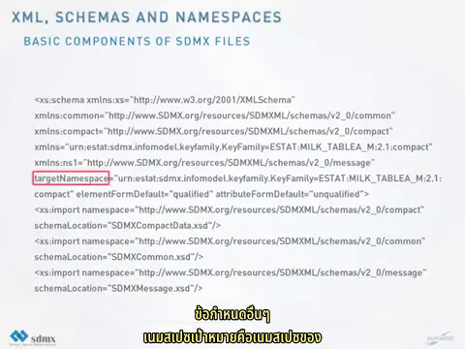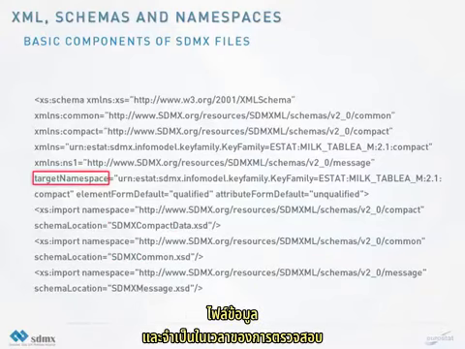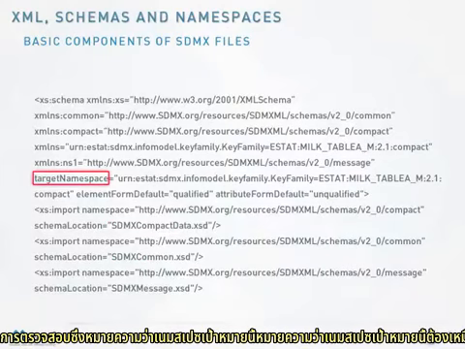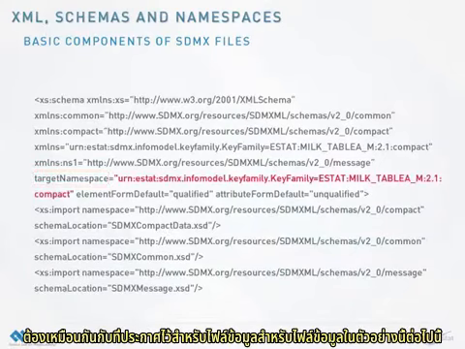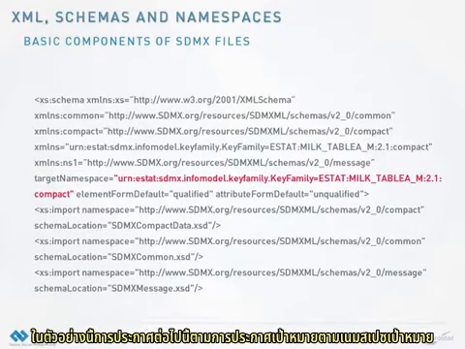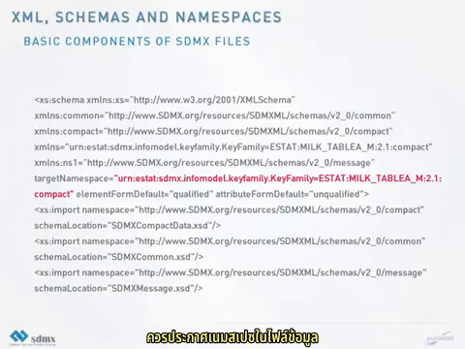The target namespace is the namespace of the data file and is needed at the time of validation. This means that this target namespace must be the same as the one declared for the data file. In this example, the following declaration according to the target namespace should be declared in the data file.